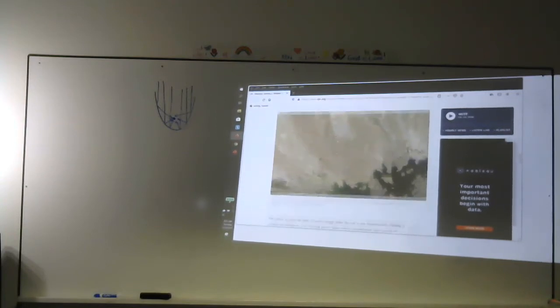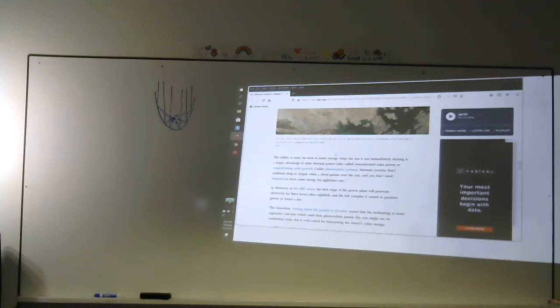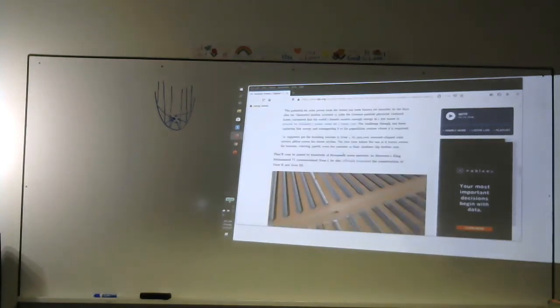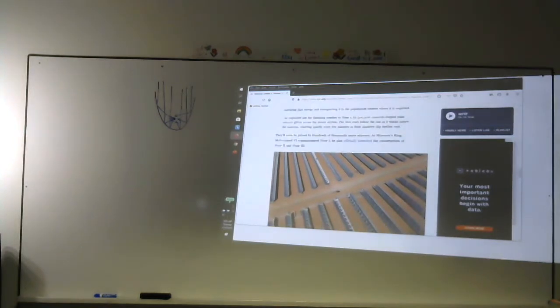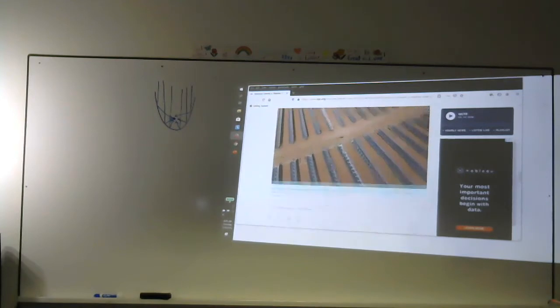The other thing I find interesting about solar is that this plant is the way we should be going. There you can see once again the size of all those mirrors.